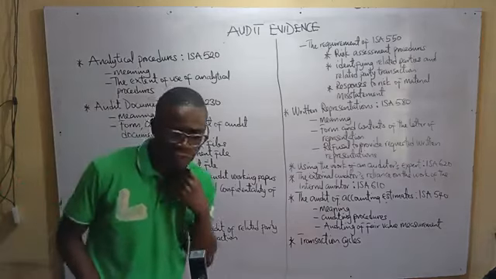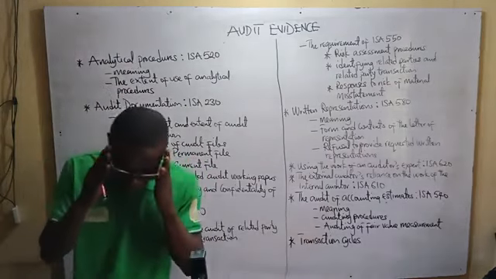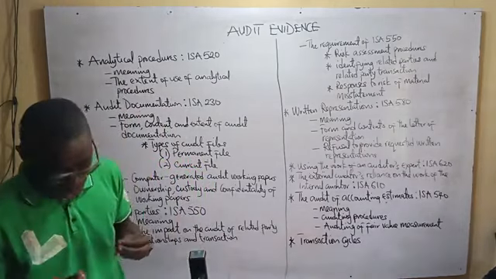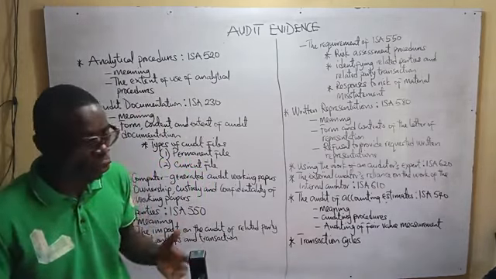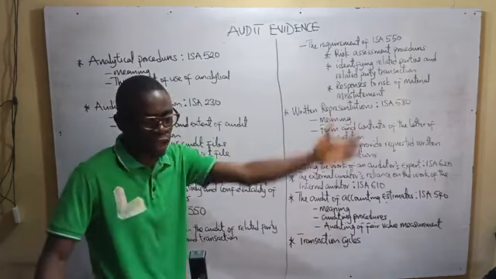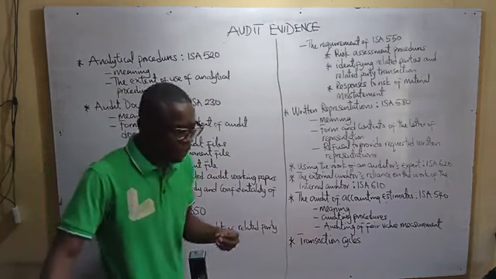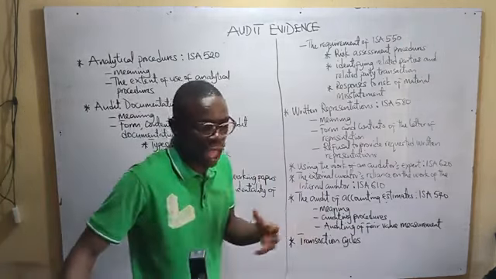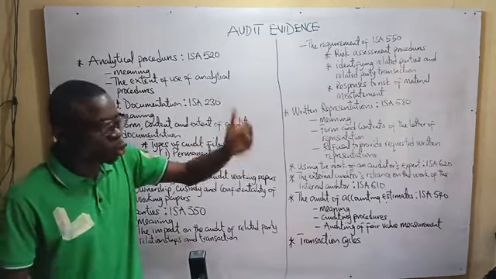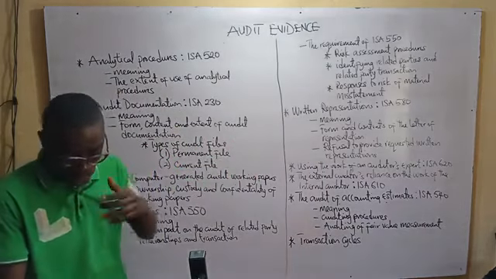When we say the extent, it means the factors that determine the extent to which you can use analytical procedure. At what extent can you use analytical procedure? Are you getting what I'm saying now? What can make you use analytical procedure? And at what point do you stop using analytical procedure? That's what we want to look at now.